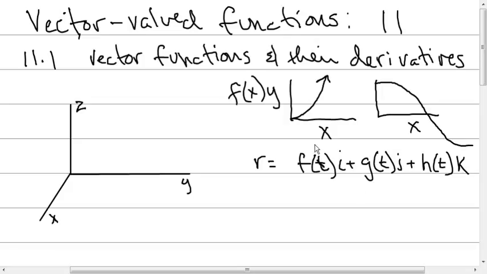So basically the x component of our vector r is f of t, the y component is g of t, and the z component is h of t.